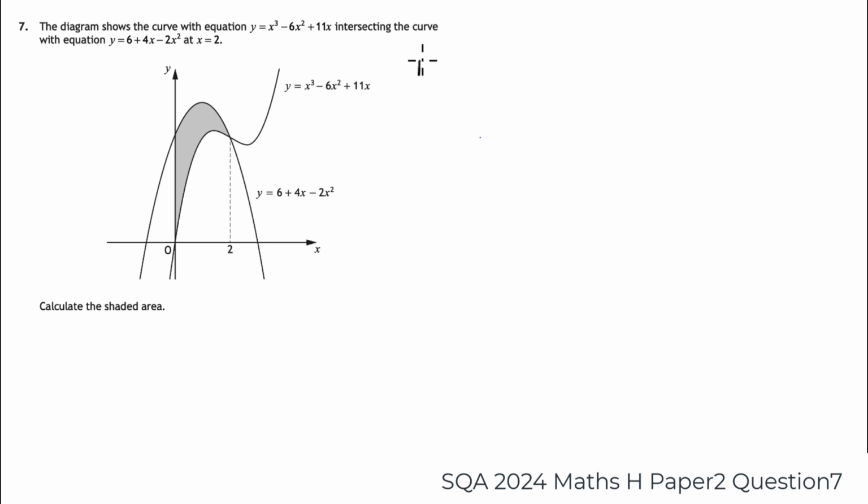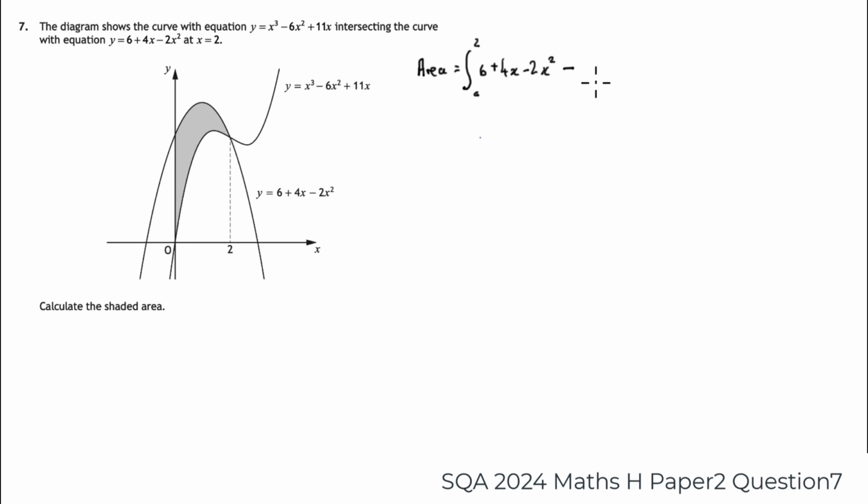So let's write that down. The area will be given by the integral from 0 to 2, the top curve. Now the top curve is the quadratic one, that's 6 plus 4x minus 2x squared. Subtract the bottom curve.